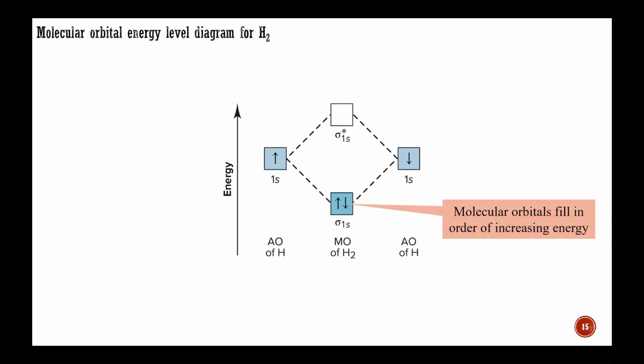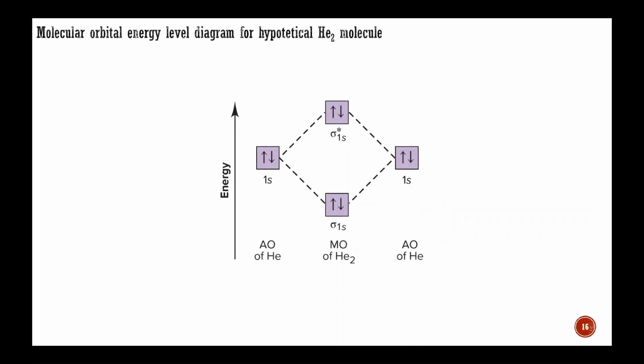Like atomic orbitals, molecular orbitals fill in order of increasing energy. Note that the electrons that originally resided in the atomic orbitals both occupy the lowest energy molecular orbital with opposite spins. We can also construct a similar molecular orbital diagram for the hypothetical helium-2 molecule.